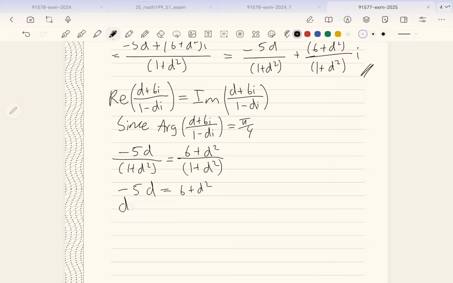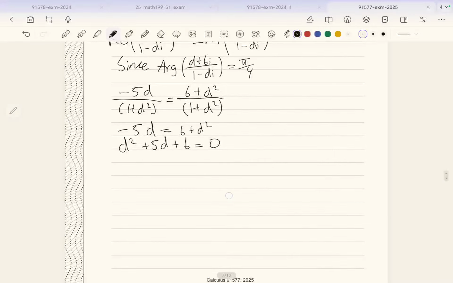Rearranging it to put it into quadratic form, we get d squared plus 5d plus 6 is equal to 0, and factorizing this, we get d plus 2 and d plus 3 is 0, which means d is either negative 2 or d is equal to negative 3.